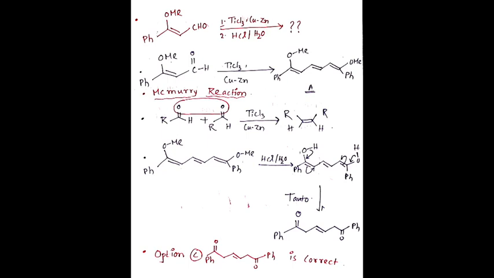This coupling reaction is known as the McMurry reaction or McMurry coupling reaction, and definitely you will get an olefin type of molecule. This McMurry reaction mainly follows the radical pathway.